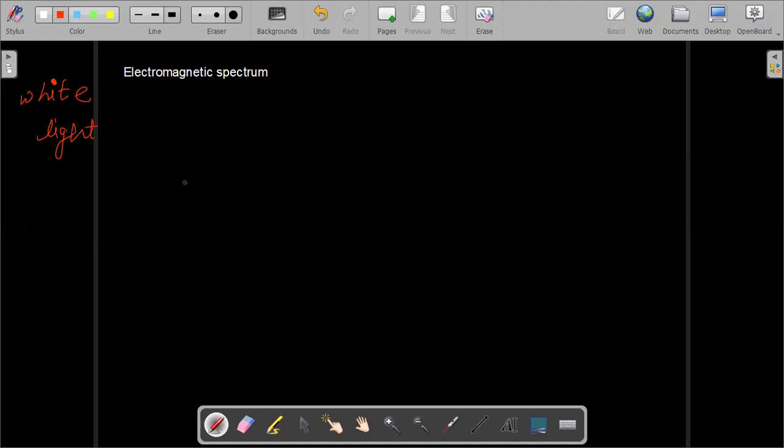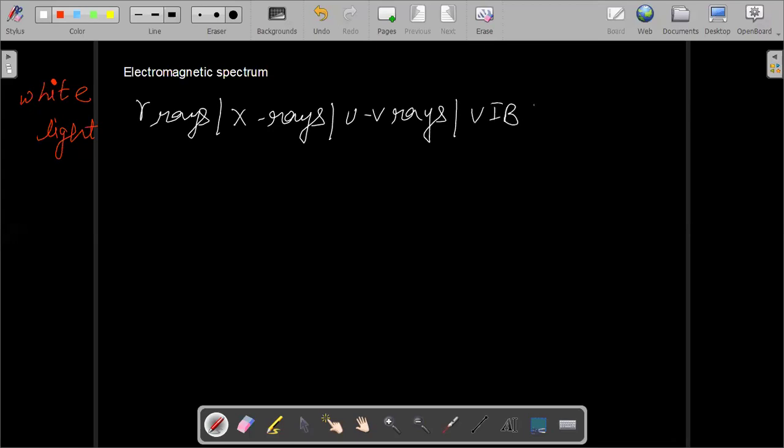In the electromagnetic spectrum we observe gamma rays, then x-rays. After x-rays we have UV rays. Then after UV rays you will find our visible spectrum, which we call VIBGYOR.